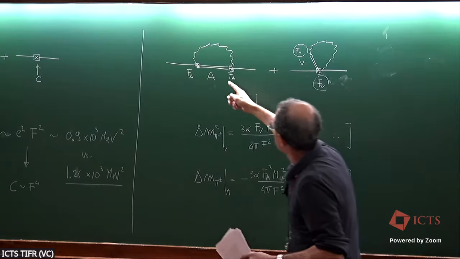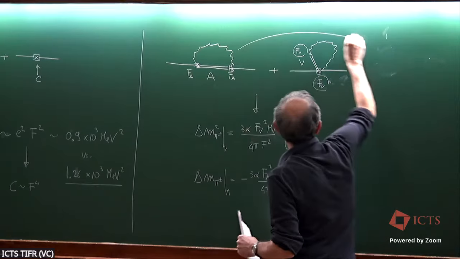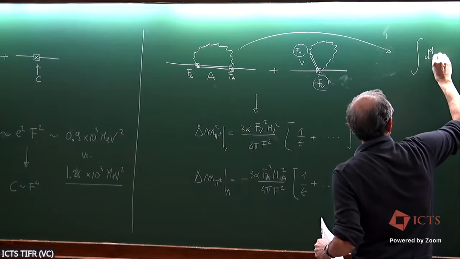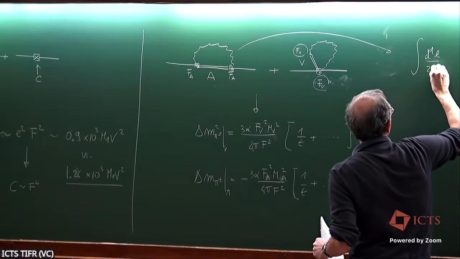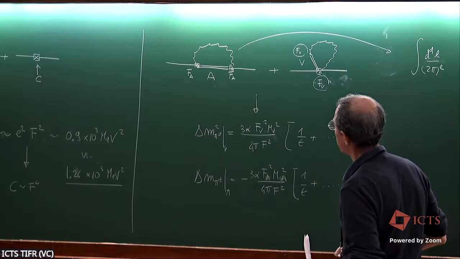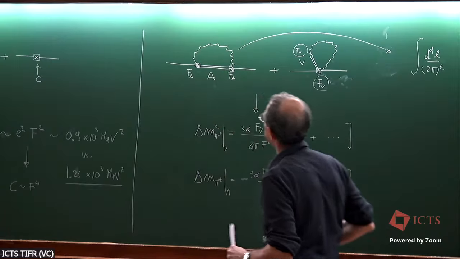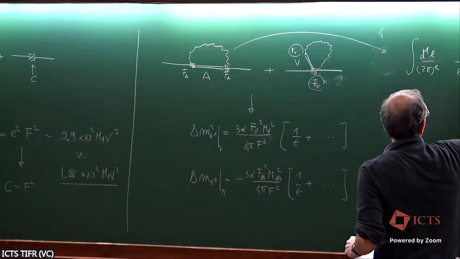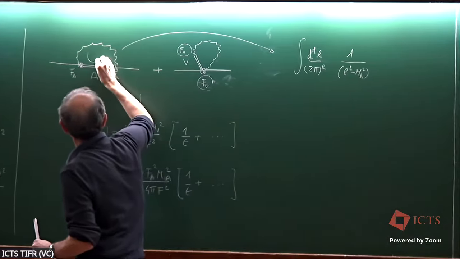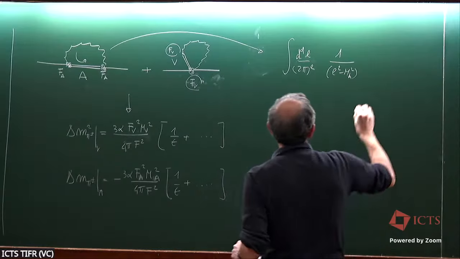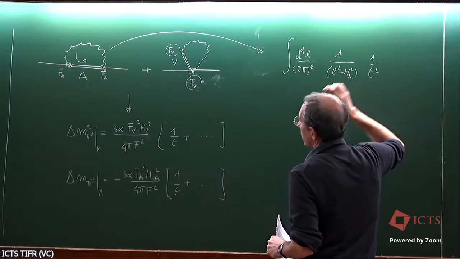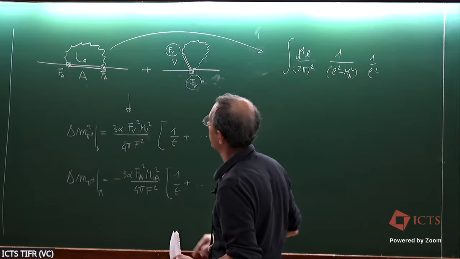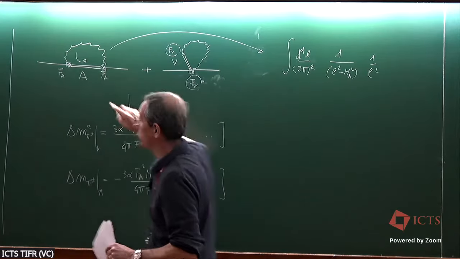Now, when I do this calculation with dimensional regularization, I will get 1 over L squared from the momenta of the loop, but then these two vertices are also proportional to L squared.